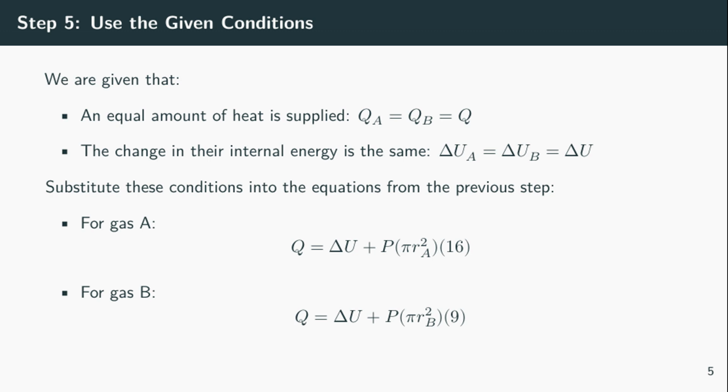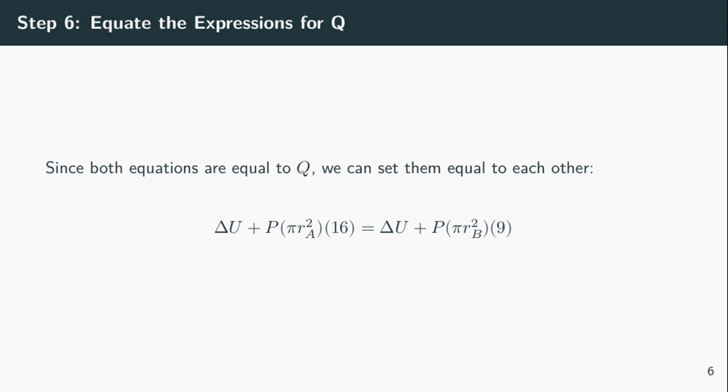And for gas B we have Q equals delta U plus P times pi times Rb squared times 9. Since both of these equations are equal to the same value, Q, we can set them equal to each other. This gives us delta U plus P times pi times Ra squared times 16 equals delta U plus P times pi times Rb squared times 9.